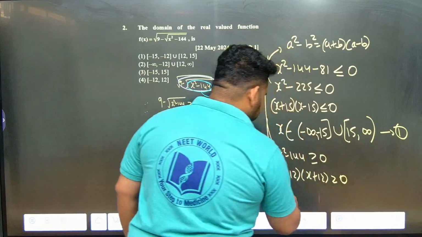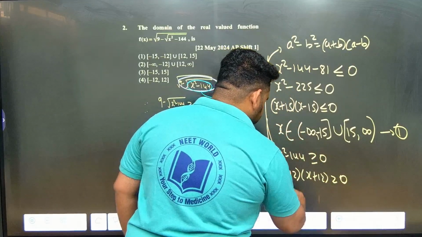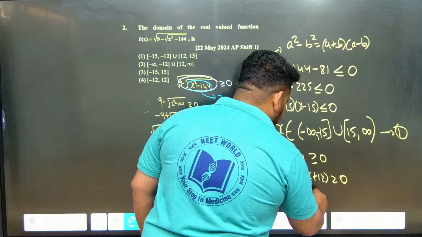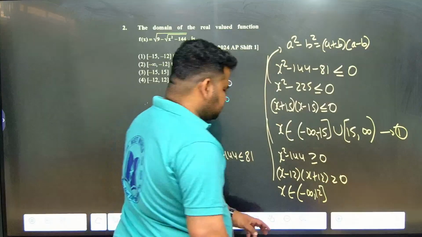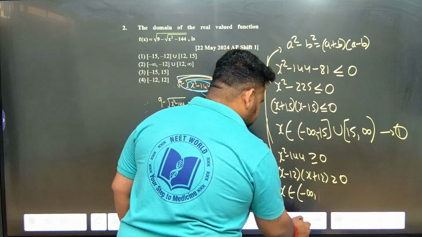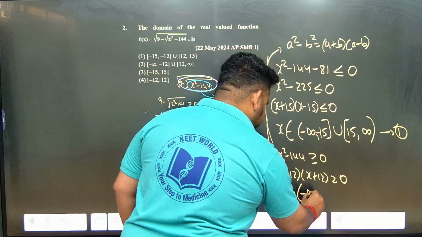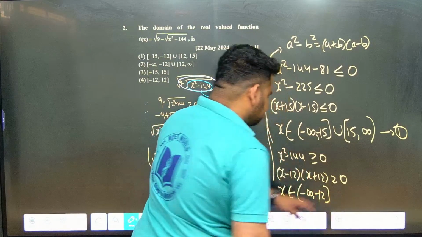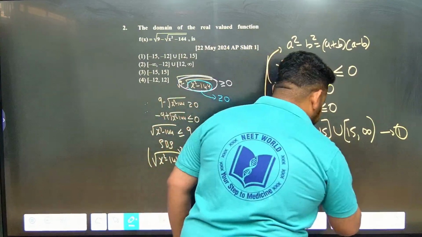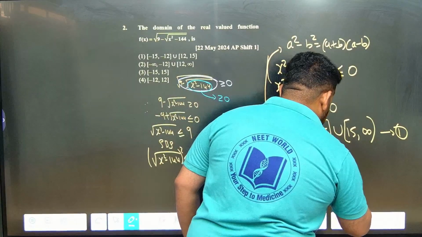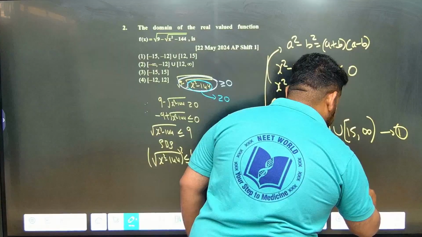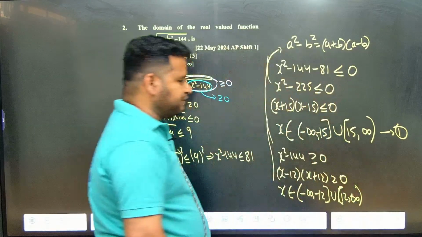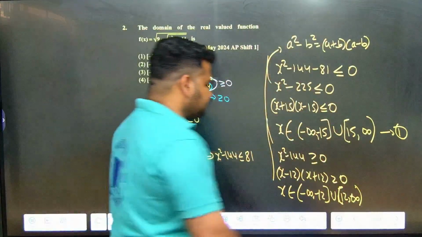So x belongs to minus infinity comma minus 12, closed interval, because this is greater than or equal to 0, union closed interval 12 comma infinity. This is what we will have, friends.